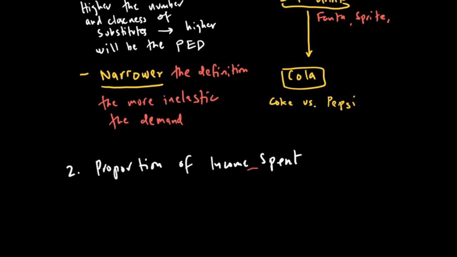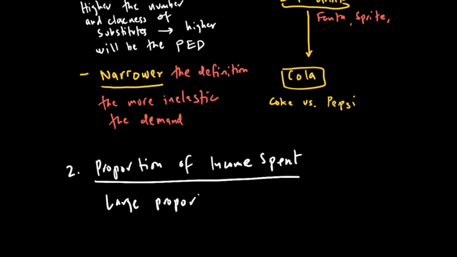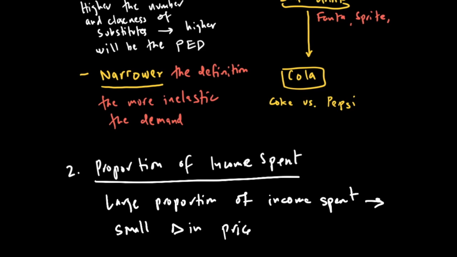And here what we say is that if a good is expensive, if a large proportion of income is spent on the good, let's say a luxury good, then a small change in price will lead to a large change in quantity demanded.